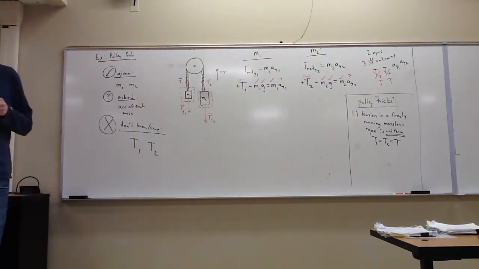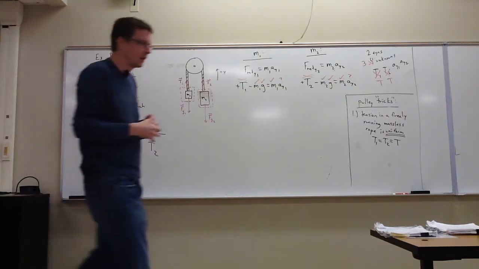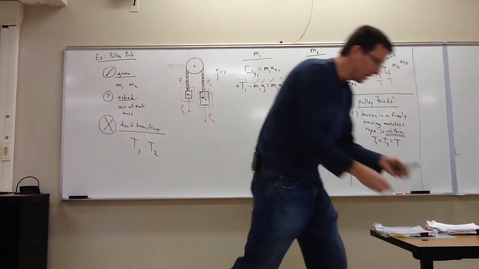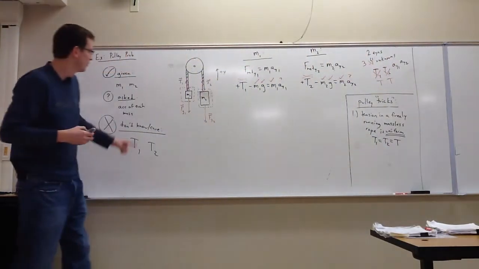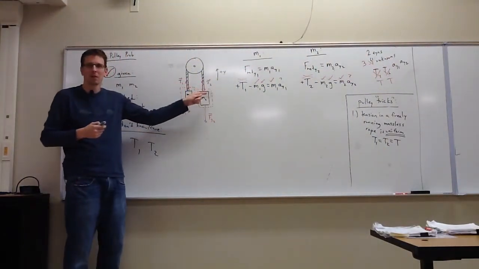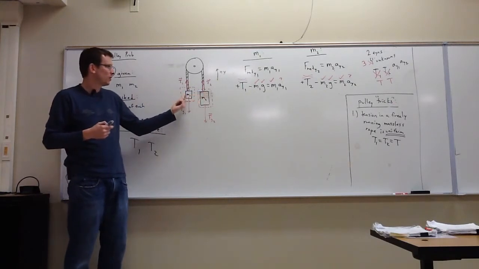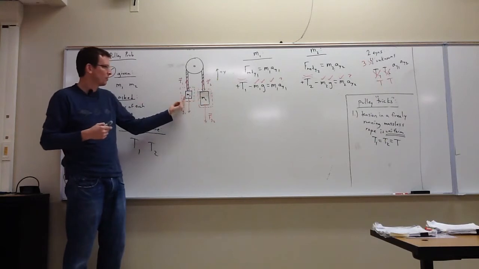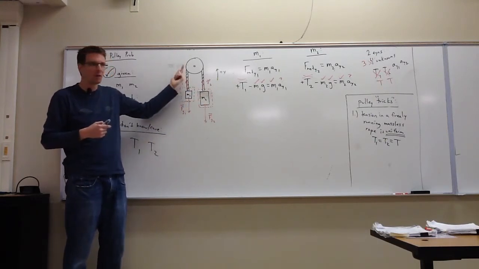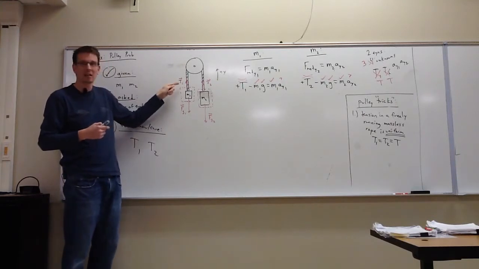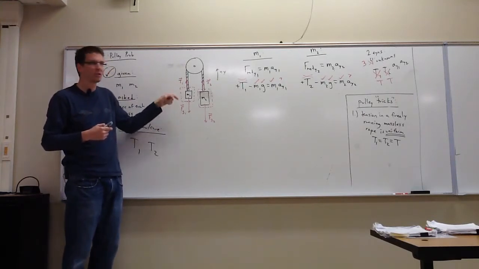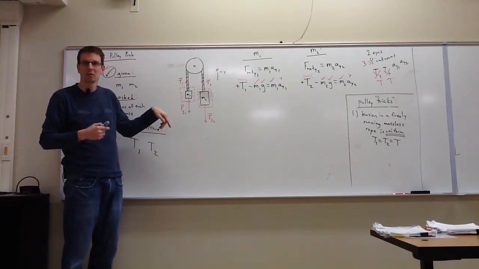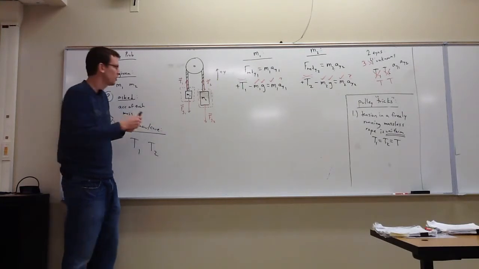Does that make sense? Now you might question, if this is really the same tension, how is it that that tension can have such different results, where one of these masses, the smaller mass, is actually going to accelerate upward? What does that mean about the relative strengths of the tension and the gravity? Which one is stronger? Tension, right?